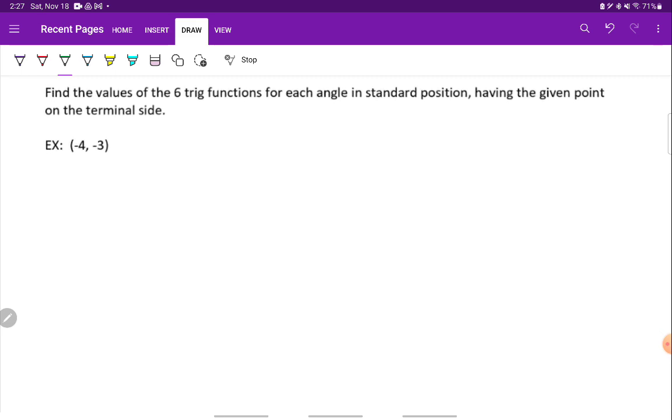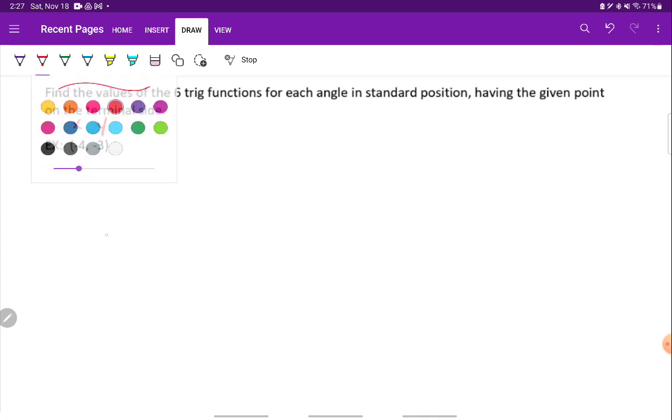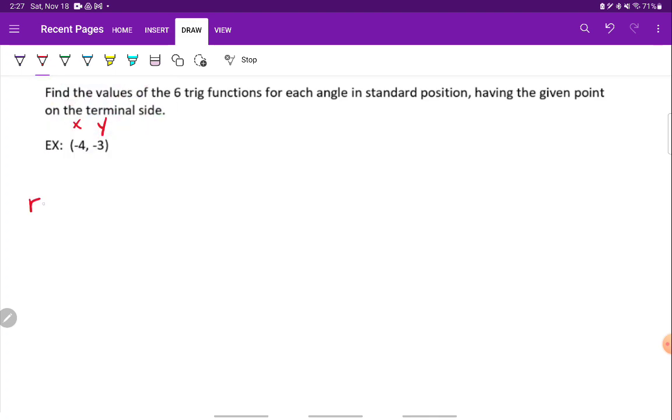So let's find the values of the 6 trig functions for each angle in standard position having the point -4, -3 on the terminal side. Well, this ordered pair gives us our x and our y value. We need to find our r value, and we're using the fact that r is equal to the square root of x squared plus y squared.